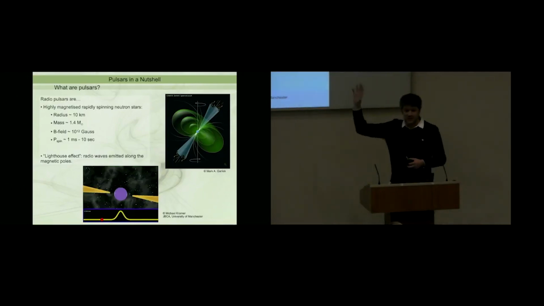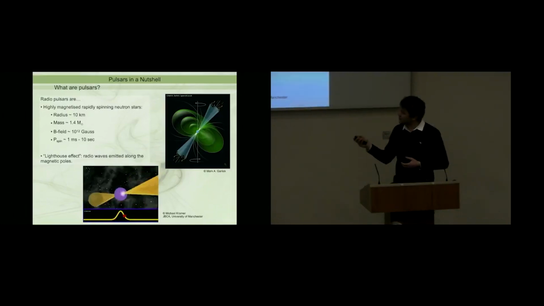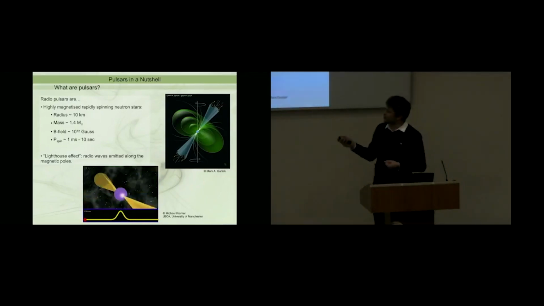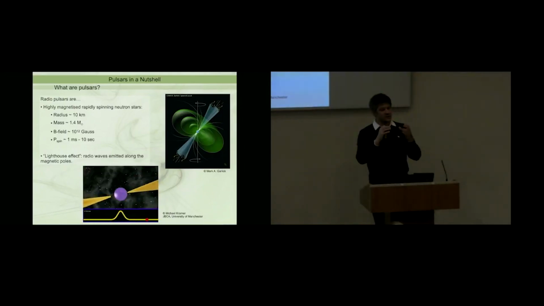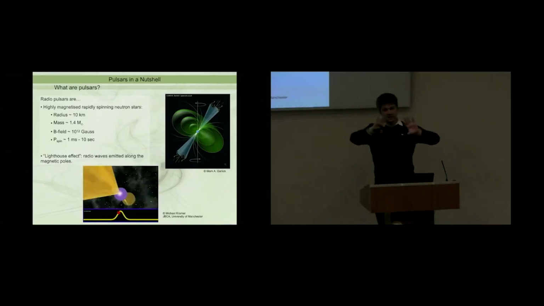So the object itself, we call them neutron stars. So that's the type of astronomical objects they are, bearing to the fact that they're made up mostly of neutrons. And the ones that we call pulsar, we call them this way due to the simple phenomenological fact that they blink. And they blink because the light that they produce is actually emitted along a narrow beam of light. So it's not emitted in all directions, but in a beamed way.